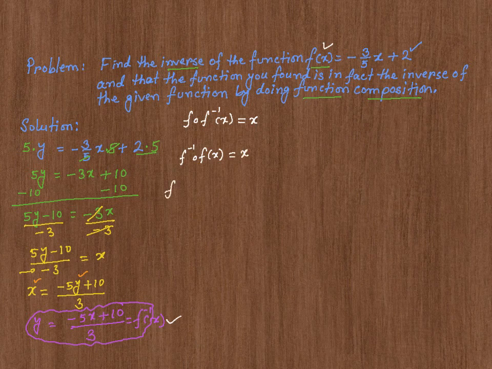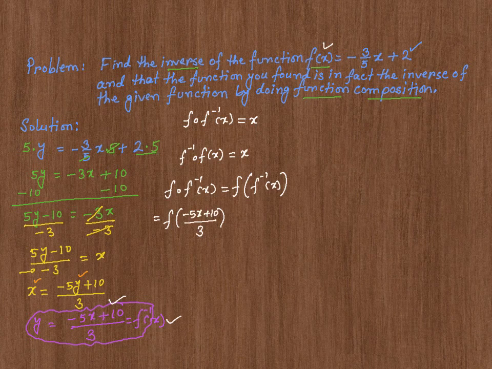Note that f composed with f inverse of x, by definition, is f of f inverse of x. That's the definition of function composition. Now f of, what is f inverse of x? I just found it right here: negative 5x plus 10 divided by 3.